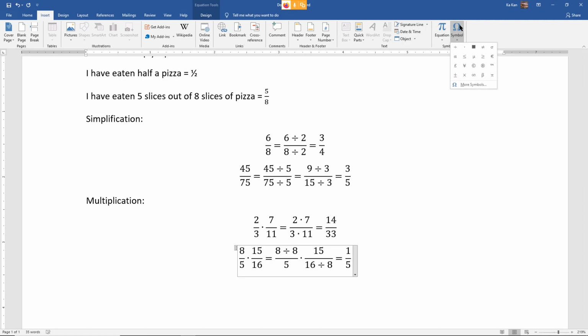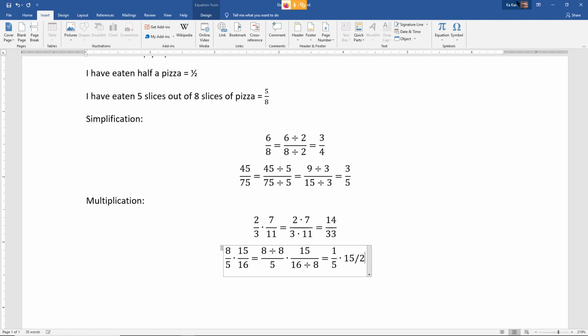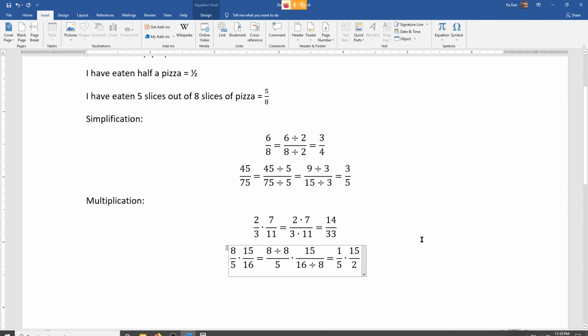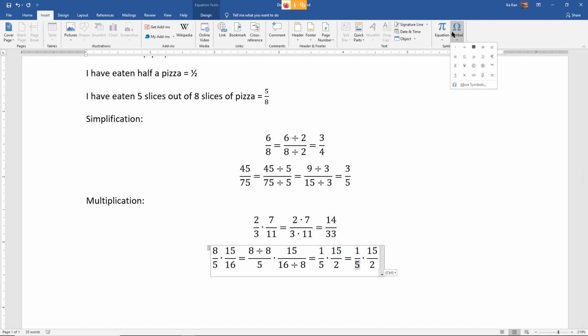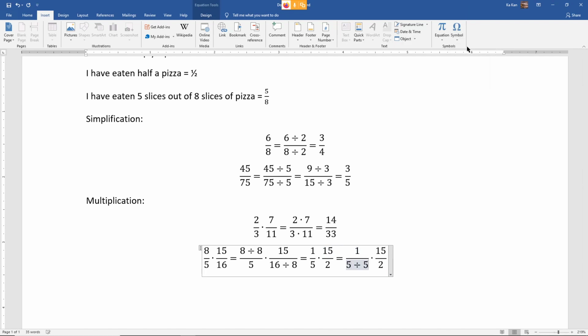And then the other guy would be 15 over 2. So you could just do that. That's fine, right? You can skip that middle part right there. Now, look at 15 and 5, same thing. You can say, wait a minute, you can divide that by 5, and you can divide the top over here also by 5.